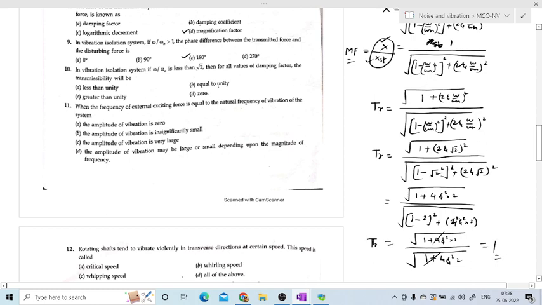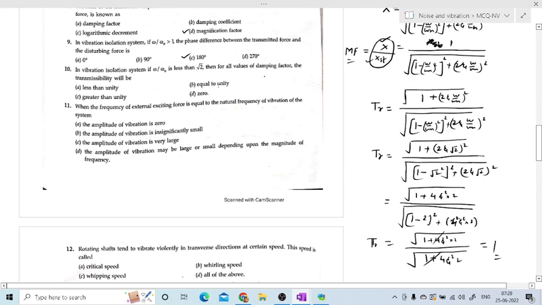Okay, now read. In the vibration isolation system, if omega by omega n is less than root 2, what did we take? Here we have considered it equal to root 2. So for all the values of damping factor, see here there is no effect of damping factor when omega by omega n is root 2. Why is there no effect? Because these two terms will directly cancel and it will become 1.